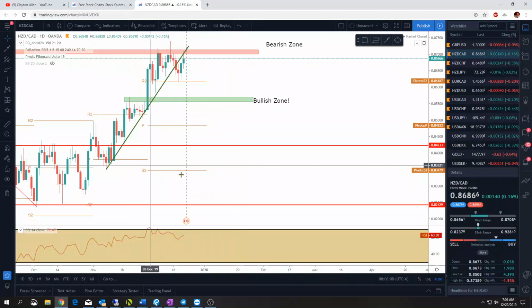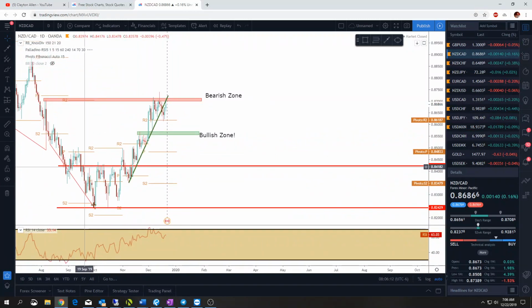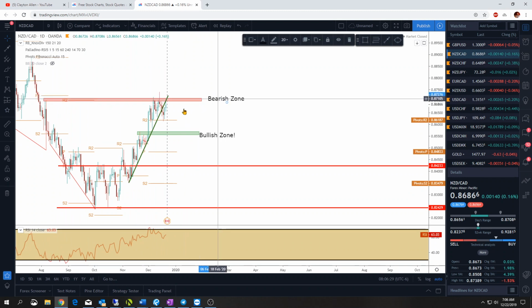New Zealand dollar, Canadian dollar. All right, so price broke out of this consolidation. It's been bullish. Same thing. We're way above R2. We're way overbought. We have kind of a resistance line here. And now we're starting to see bearish activity, or at least consolidation.